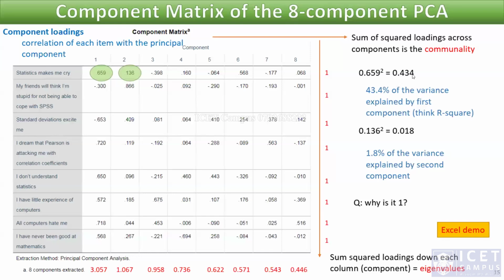Right? Then the second one is 0.136 squared, which equals 0.018. It means 1.8% of the variance is explained by the second component, right?